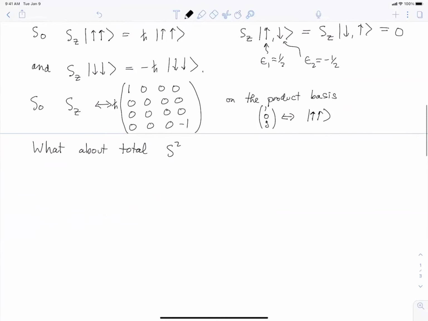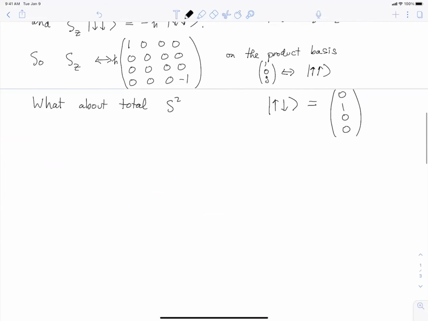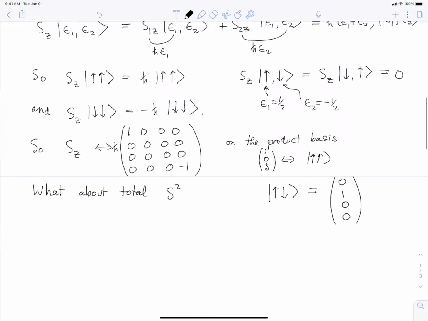Are you asking in this basis up arrow, down arrow? This is the second basis vector, so its representation is 0, 1, 0, 0. Oh, so you're saying that S sub z acting on that is 0. Right, that's what this says.